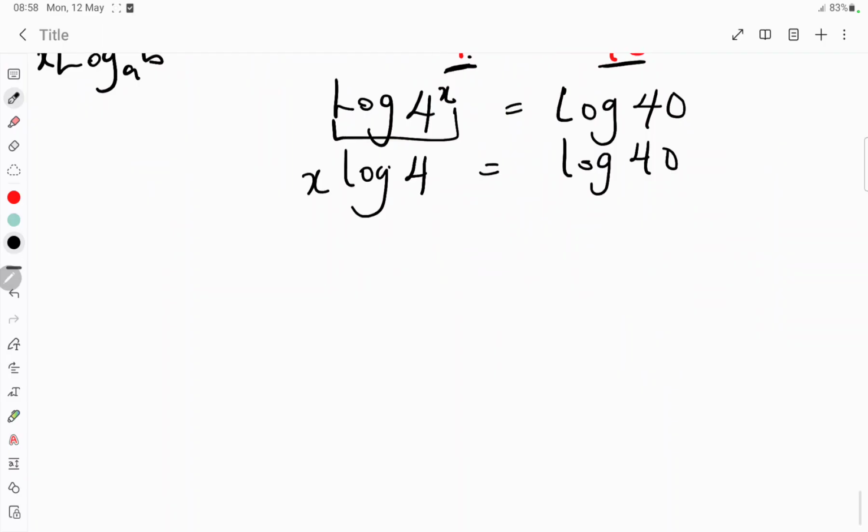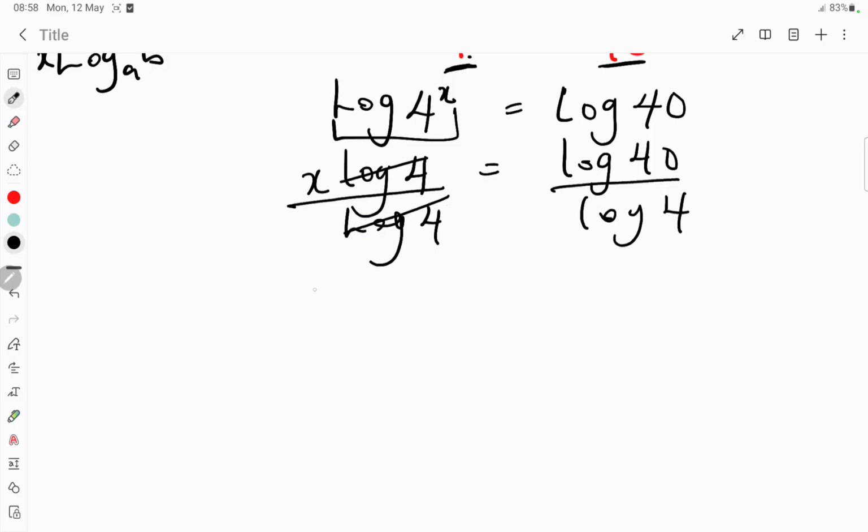Then the next thing we have to do, since we are looking for x, is divide through by log 4 and divide through by log 4. If you divide through by log 4, you have x equal to log 40 divided by log 4.